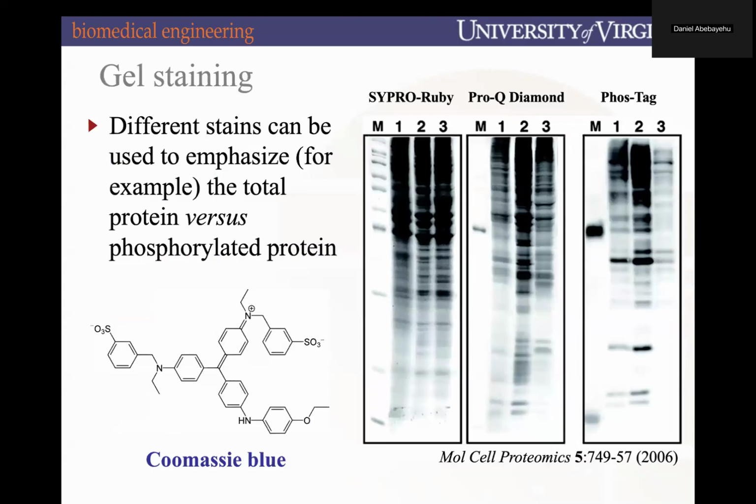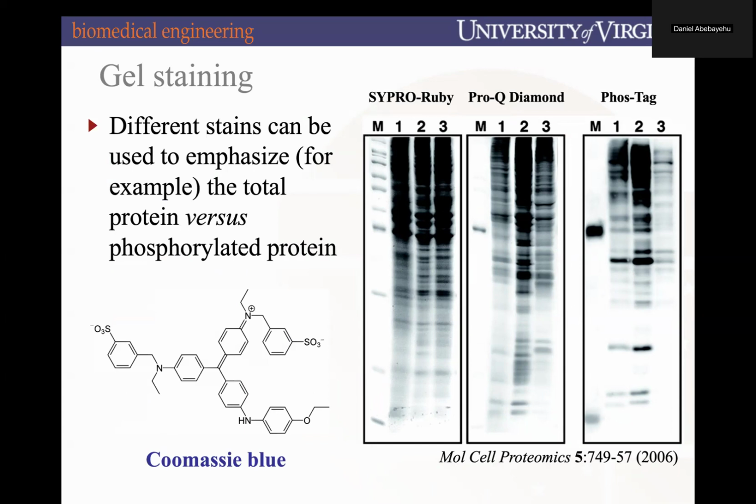So we've run an SDS page. Now we have a native gel, a gel that just has all of our proteins separated out by their mass across this gel. You can use different stains now to directly stain this gel that will allow you to see what the total protein content looks like.